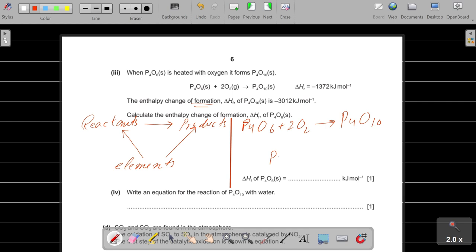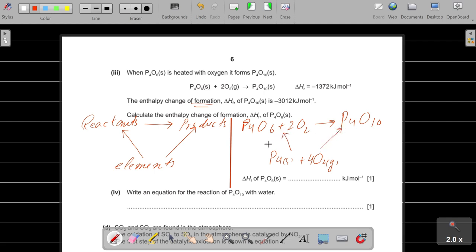Phosphorus exists in nature as P4 in solid form. Don't forget to mention their physical states. How many oxygens are there in the reactants? 6 plus 2, 8. You know oxygen exists in O2 form, and we have 8 oxygens, so I will write 4 O2 molecules in gaseous form. No other element is here.